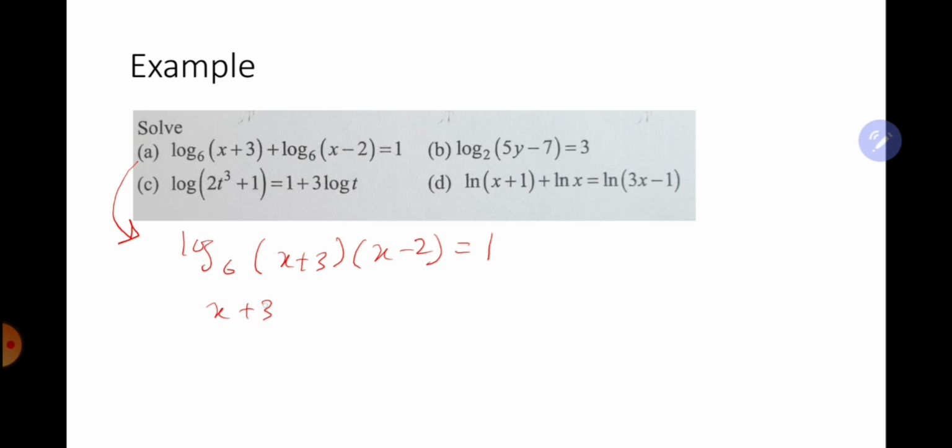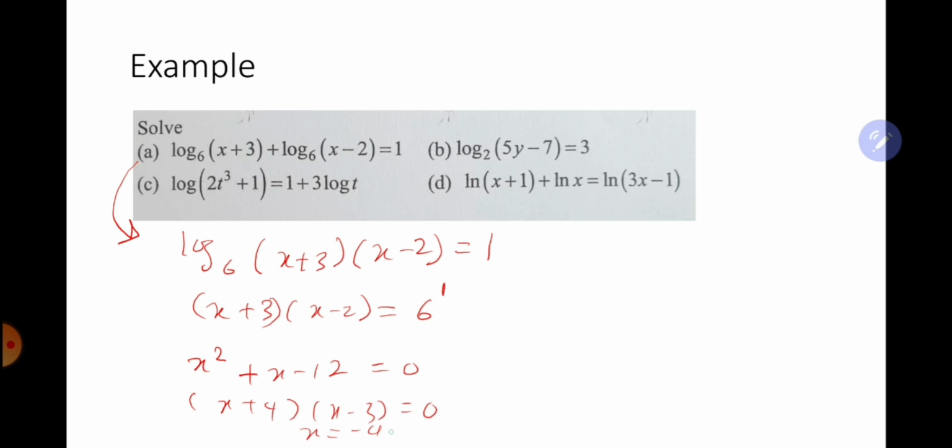So we can rewrite this as x plus 3 times x minus 2 equals 6 to the power 1, using the property of log. Here you expand, you're going to get x squared plus x minus 12 equals 0, and then you can factorize it as x plus 4 times x minus 3 equals 0. Therefore x equals negative 4 and x equals 3.